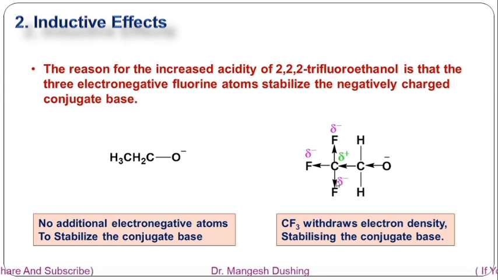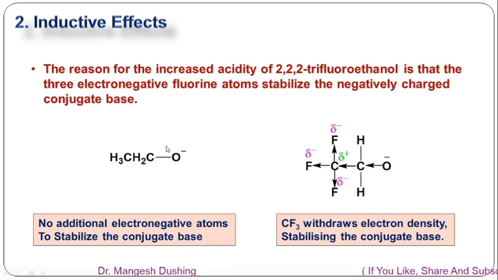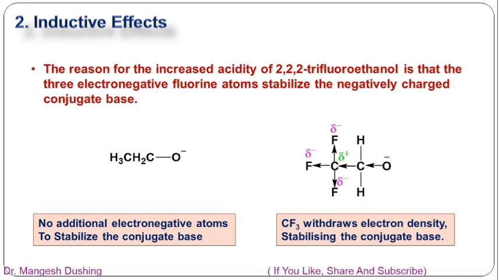So minus I effect stabilizes the O minus charge, while here stabilization is not there. Instead, this alkyl group having a plus I effect destabilizes this conjugate base. That makes 2,2,2 trifluoroethanol a stronger acid than normal ethanol.